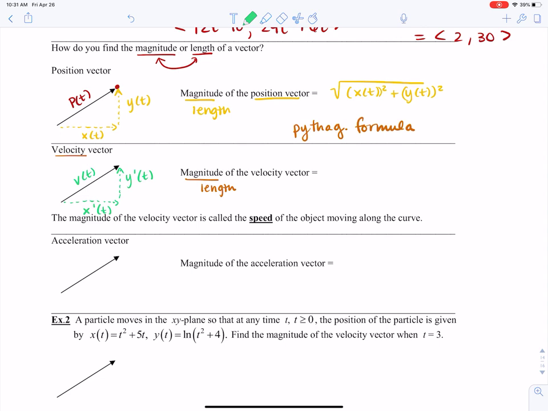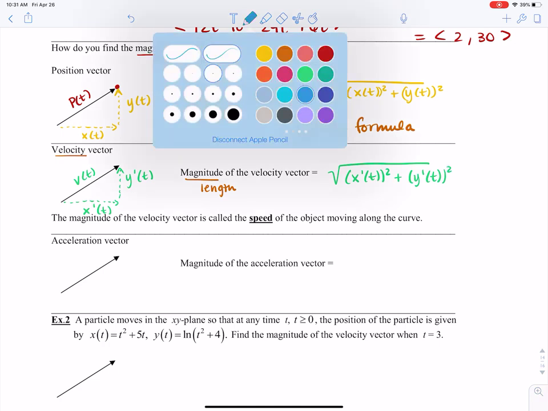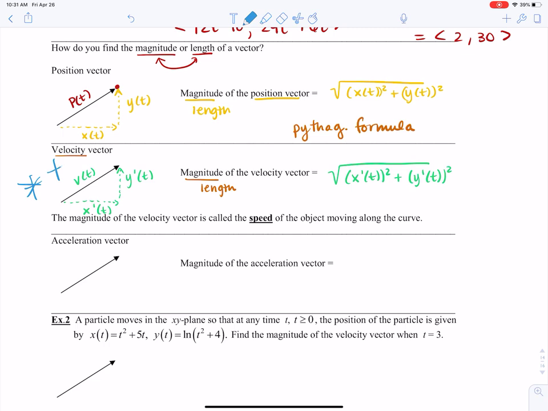So if you're asked to find the magnitude of the velocity vector, I'm going to use the Pythagorean formula and find x prime of t and square it and y prime of t and square it. But this is probably the most important one because what you've just done here is this is also the speed of your object. So this equation is super important.